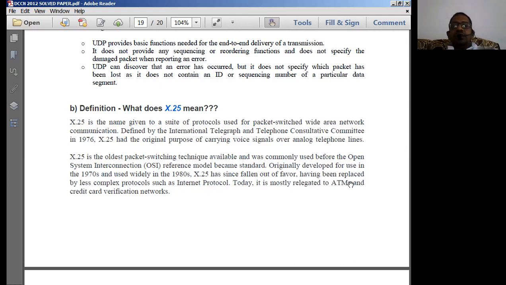Originally developed for use in the 1970s, it was widely used in the 1980s. It came into force in 1976, and people started using it from the 1980s. Most of the time, companies used the X.25 protocol for their internal communications from one computer to another computer.